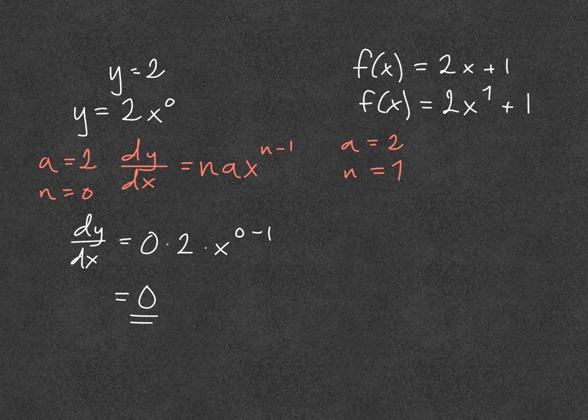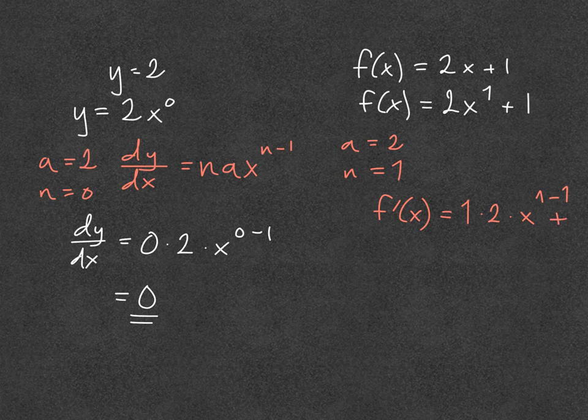So now we want to find f derived of x equals 1, because we want the n first, and then multiplied with 2, multiplied with x to the power of 1 minus 1.